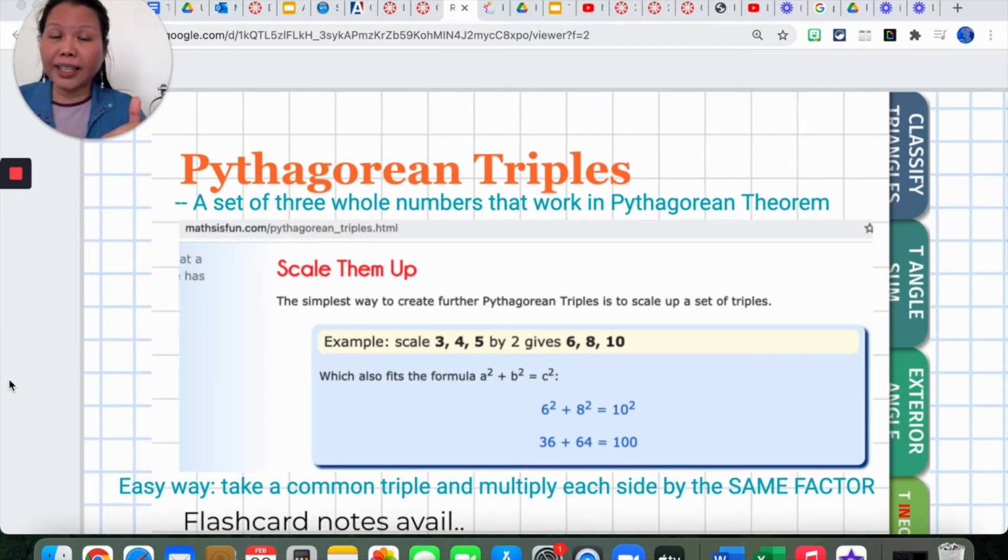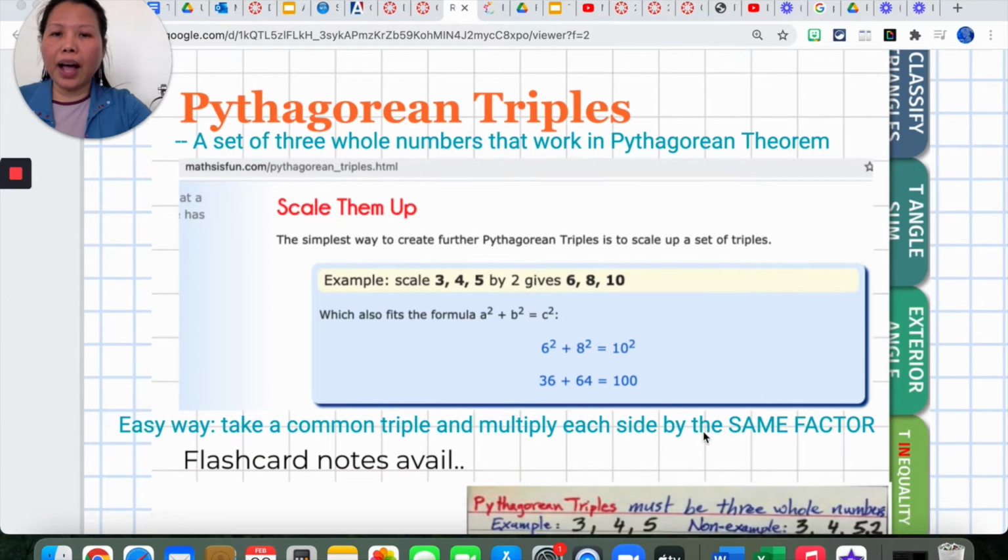You can go ahead and plug it into the Pythagorean theorem, and we show you an example of that right here. We substitute it in and we get 100 equal to 100 on the right side. So that's why we know that this set 6, 8, and 10 will work as a Pythagorean triple.